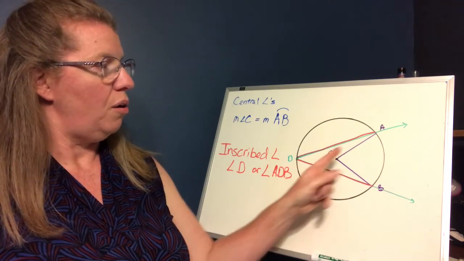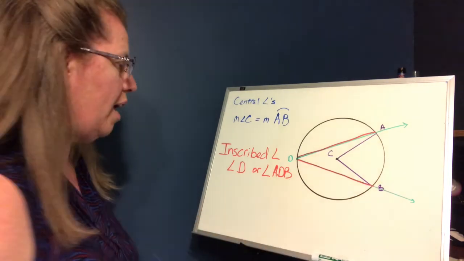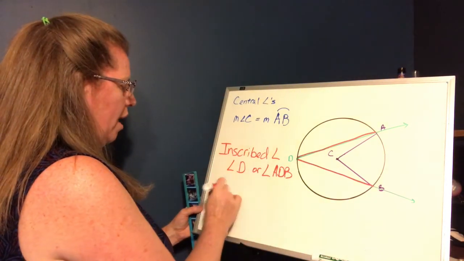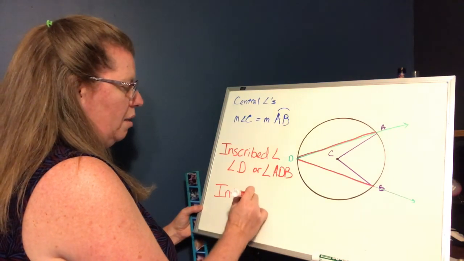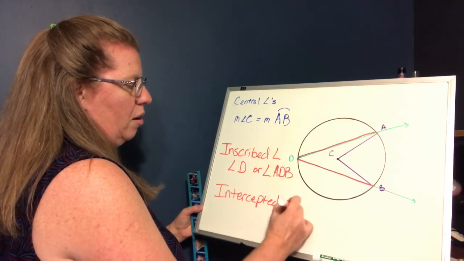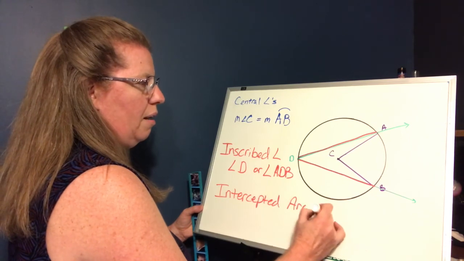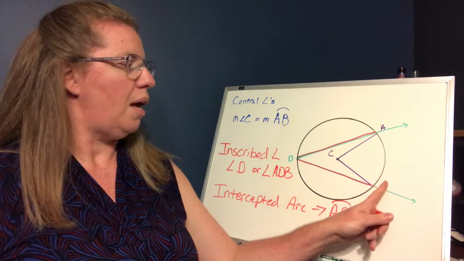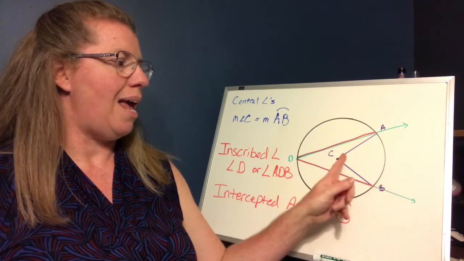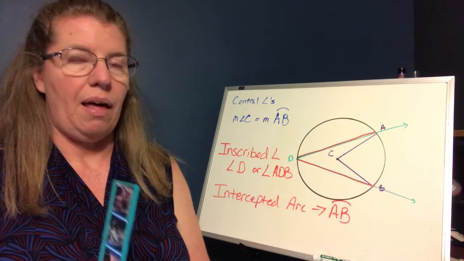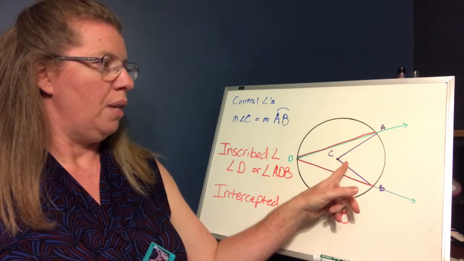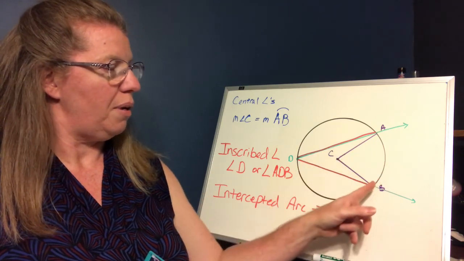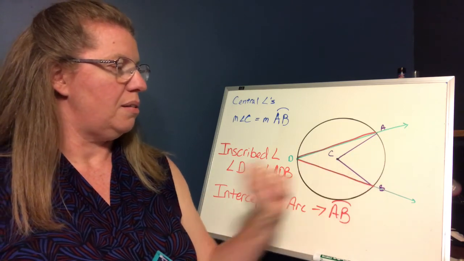Angle D is also creating arc AB, and when an inscribed angle creates that arc, we call that the intercepted arc, and that one is arc AB. Now, arc AB is still named by that central angle that first creates it. But notice that this angle that is intercepting AB is smaller than the central angle.